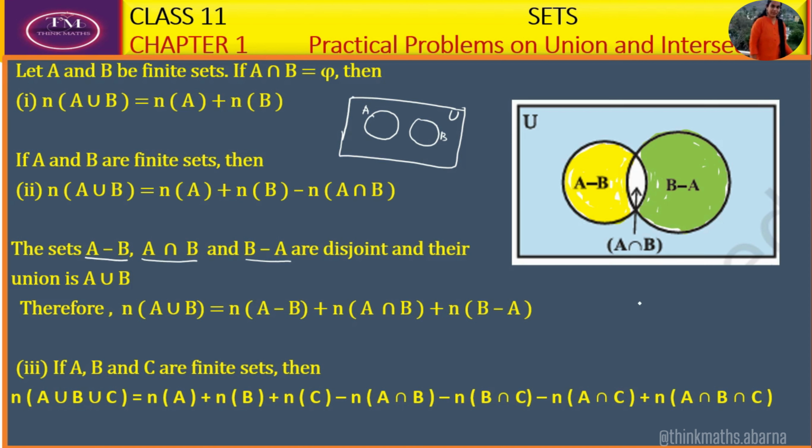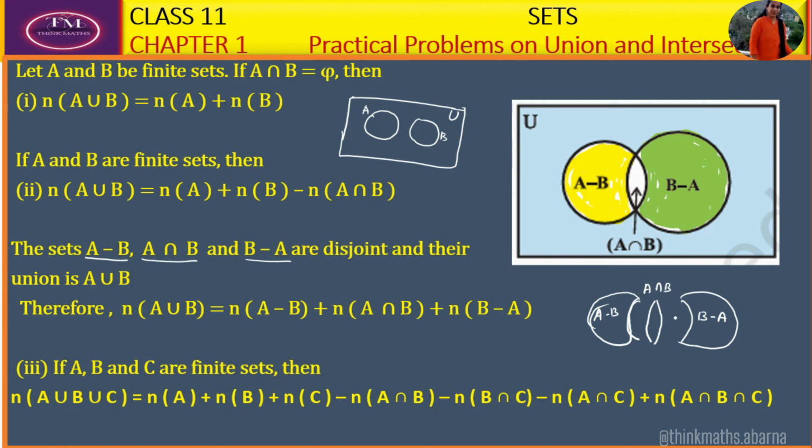So this is the part of A minus B in the circle. This part will be A intersection B, and the remaining part will be B minus A. So A minus B, A intersection B, and B minus A don't have anything in common. They are all disjoint.